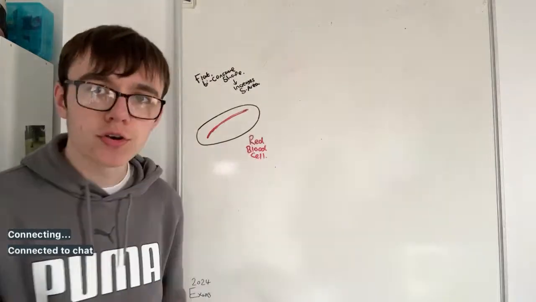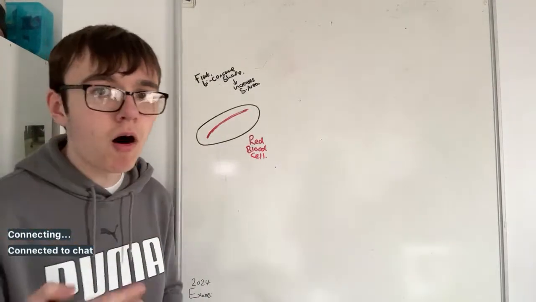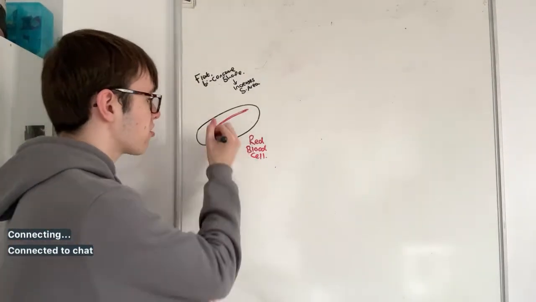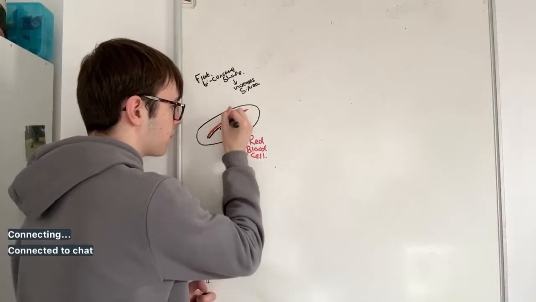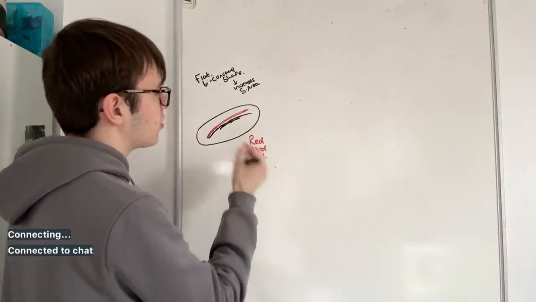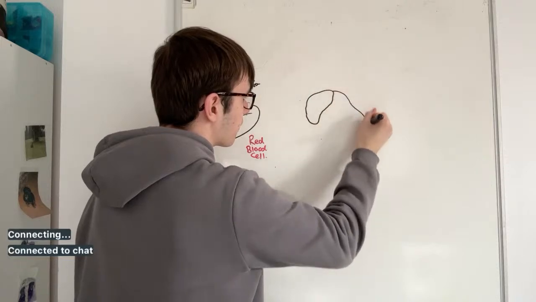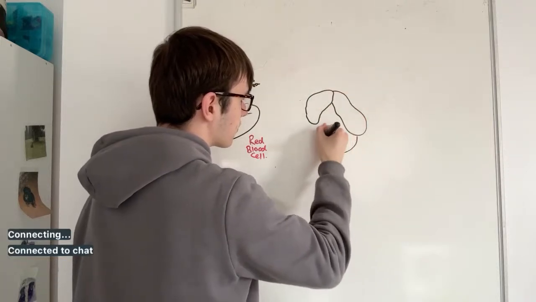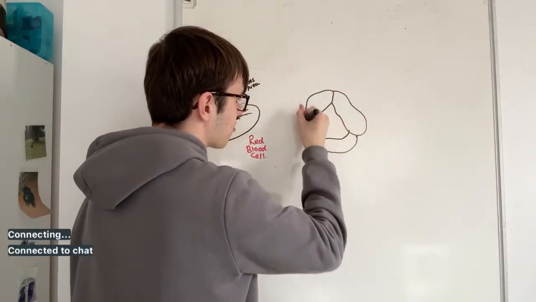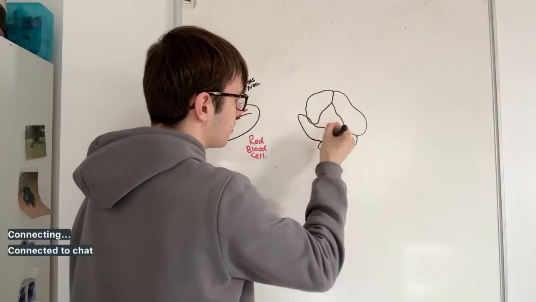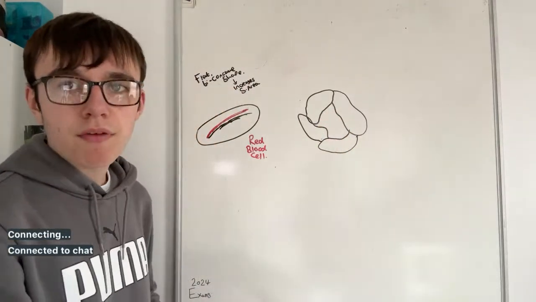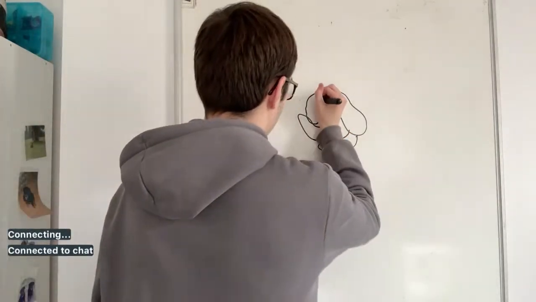And they also have no nucleus, which allows for even more oxygen to be stored. So, the red blood cell contains a pigment, or contains hemoglobin. That's my best drawing of it.